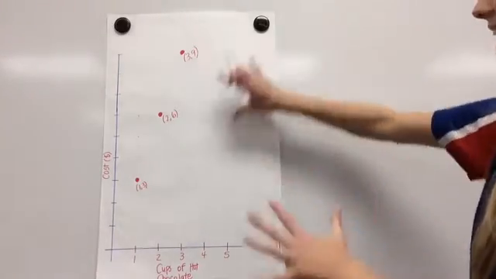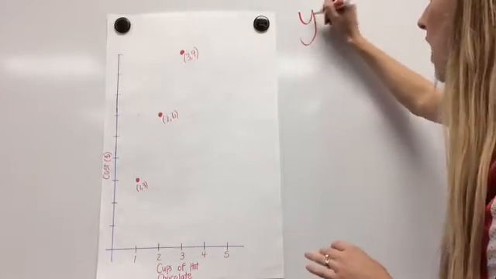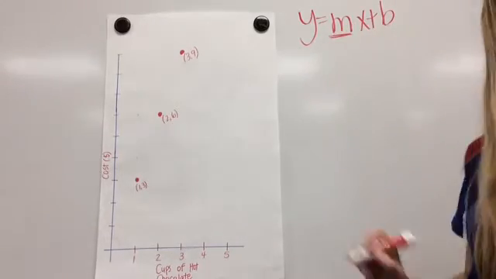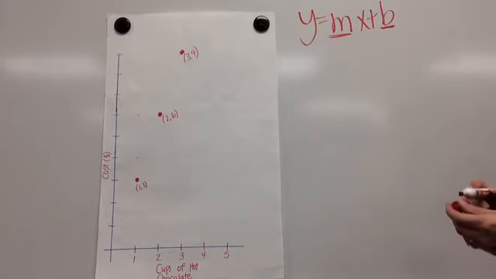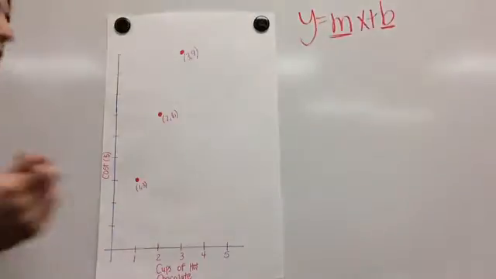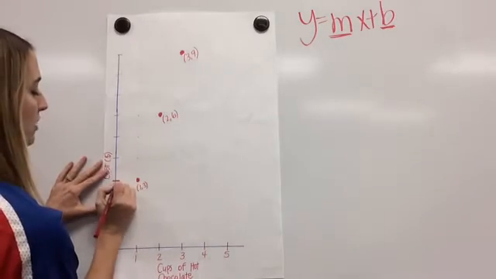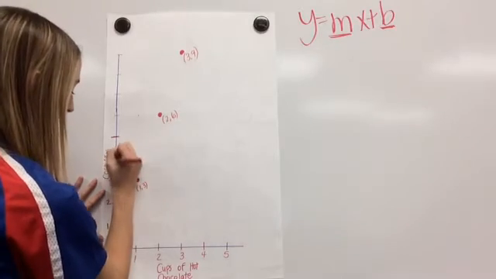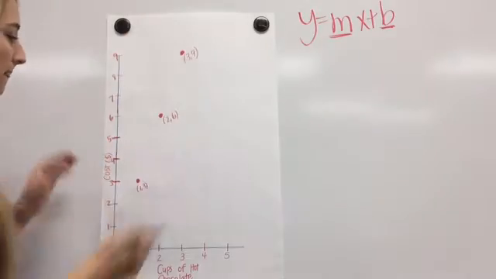So remember, we are still trying to make this graph into an equation in the form of y equals mx plus b. So we need to find the slope and the y-intercept. We've found the slope from a graph a million gazillion times, so I have no worries that y'all will be able to do that. But let's just do it together real quick. I'm following these dashes as my points.